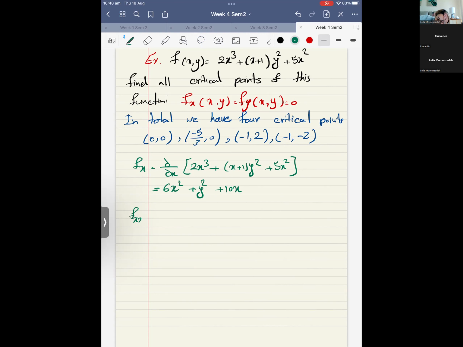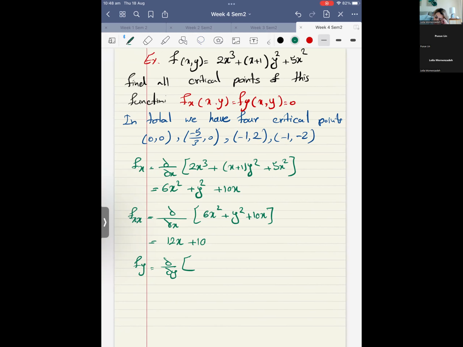And f_xx would be the partial with respect to x of 6x^2 plus y^2 plus 10x, which is equal to 12x plus 10. Now you know f_y is equal to the partial with respect to y of x^3 plus (x plus 1)y^2 plus 5x^2.